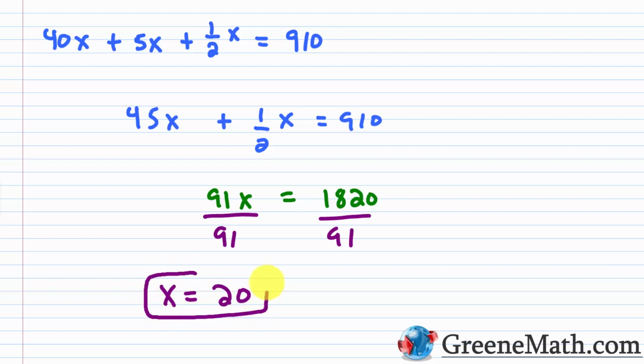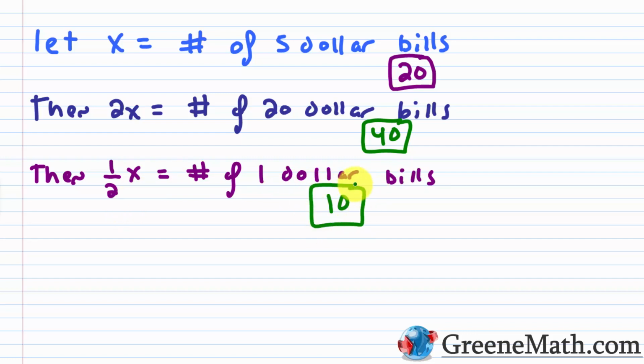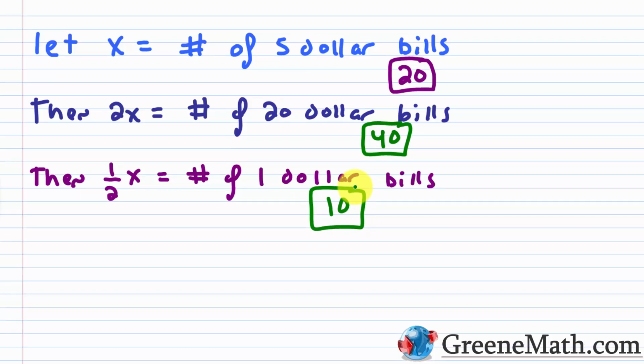Okay? So again, we're not done. We have to go back and make sense of this. So X equals 20. So X was the number of $5 bills. So that's going to be 20. Then 2X is the number of $20 bills. 2 times 20 is 40. Then 1/2 X is going to be the number of $1 bills. So 1/2 times 20 is 10. Okay, so let's go back up and write our answer.